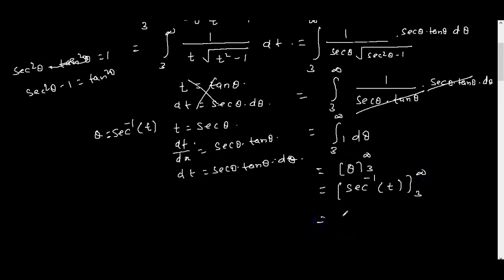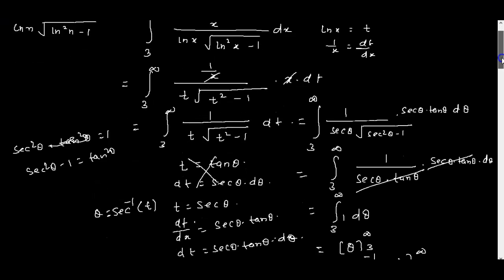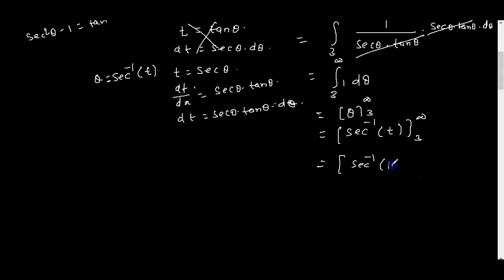And now t is what? sec theta is, t is ln of x. That is equal to 3 to infinity. So we will put it here, limit of n tends to infinity, sec inverse of ln x, minus limit of n tends to 3, sec inverse of ln x.